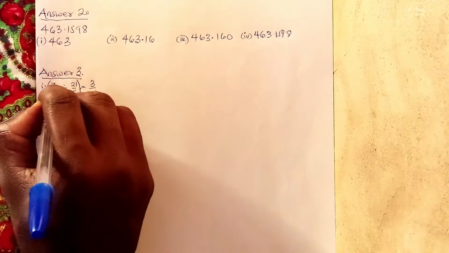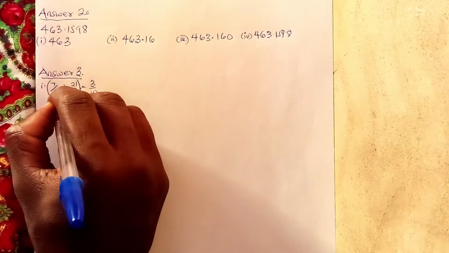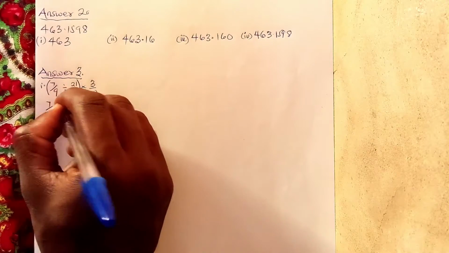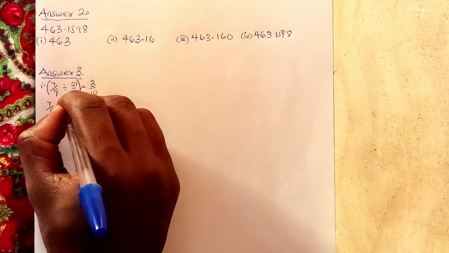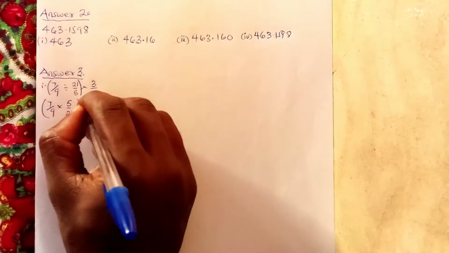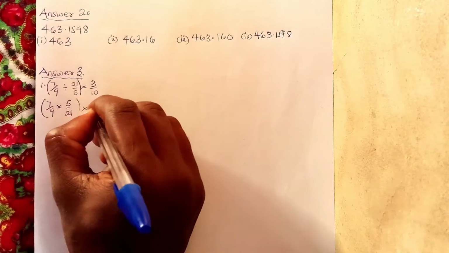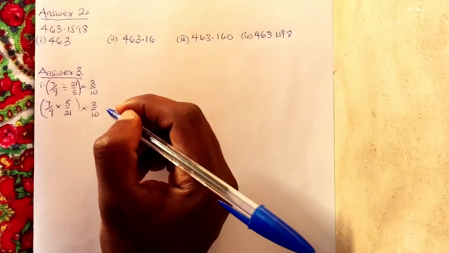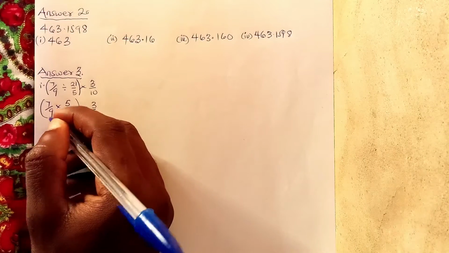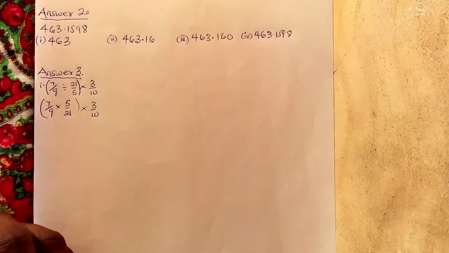We have 7/9. We change the division sign into a multiplication sign. So times 5 and 21. Bracket times 3 and 10. Now we can remove the bracket. So we continue. But we can first cancel out.